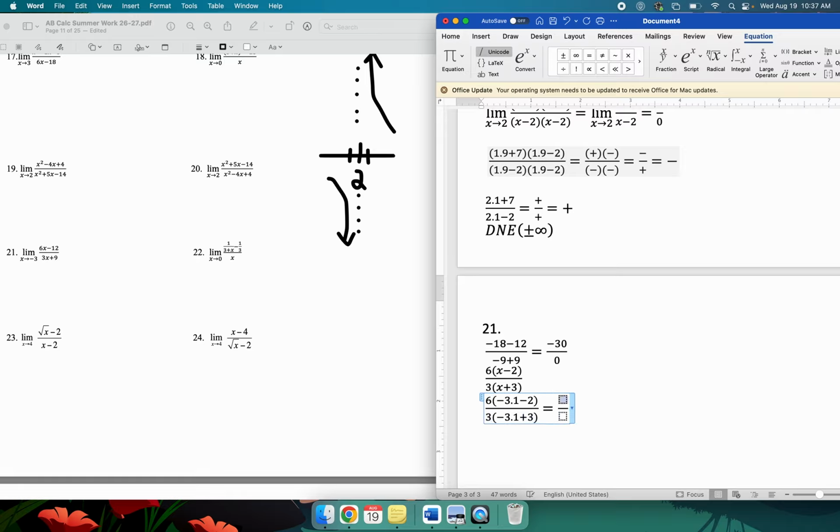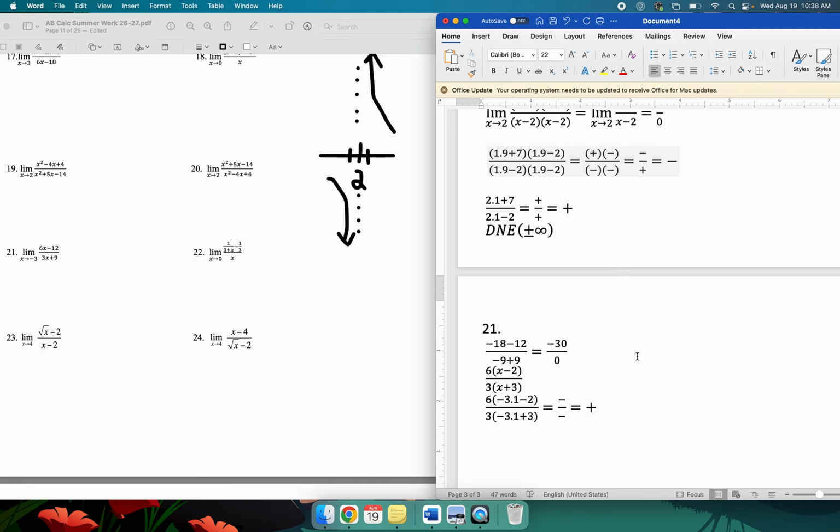I just need to keep track of the signs. This thing in parentheses, that's negative times 6, which is positive. So it's a positive times negative. So the numerator is negative. This guy here, negative 3.1 plus 3, that is also negative. Times 3 is still negative. So it's minus over minus, which is plus. So the function's approaching positive infinity on the left.